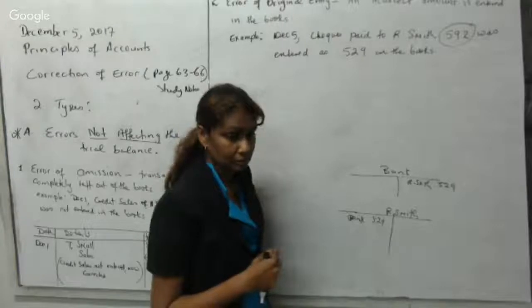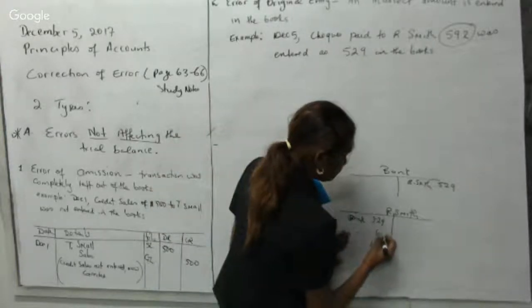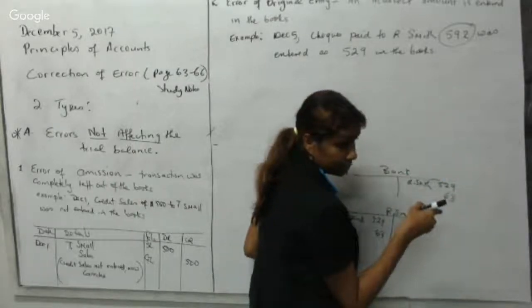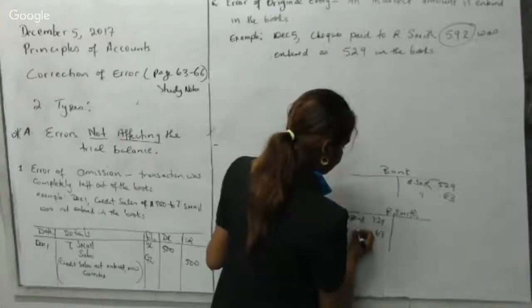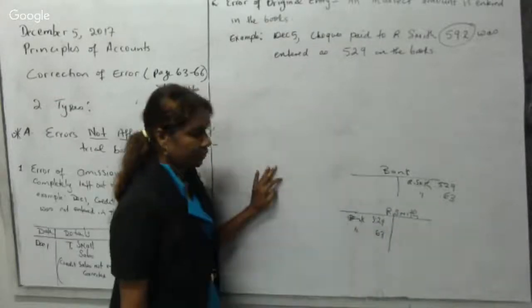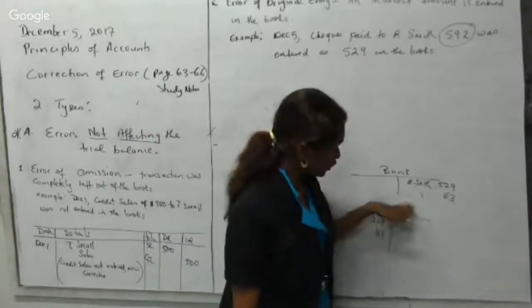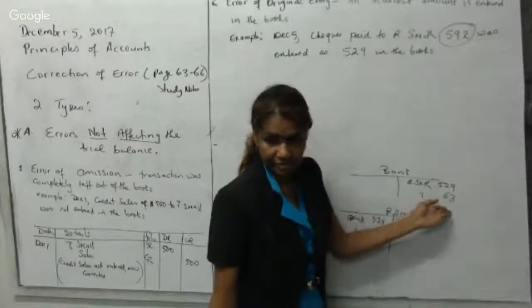You debit R. Smith and credit bank, with the difference, the 63. Bank is going to be credited with 63 and R. Smith is going to be debited with 63. If you balance off the accounts now, you'll get the 592 you're supposed to have there.